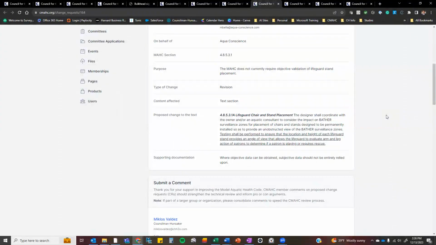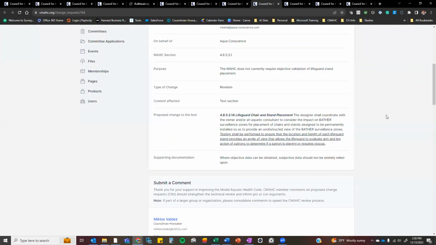The request for addition would be adding the language that says testing shall be performed to ensure that the location and height of each lifeguard stand provides an angle of view that allows the lifeguard to evaluate arm and leg actions of patrons to determine if a patron is playing or requires rescue.